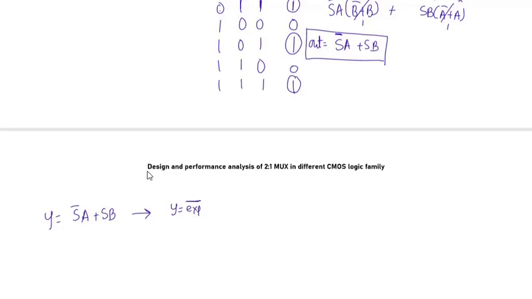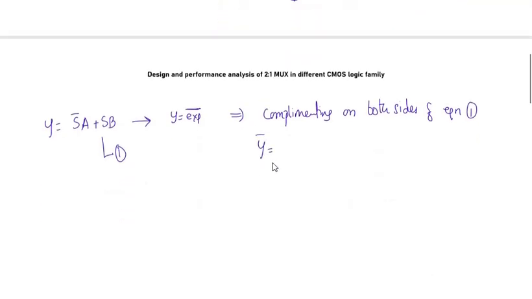But because this is not in that format, what I'll do is complement both sides of equation 1. So let me call this equation number 1. That way Y bar will be equal to S bar A plus SB whole bar.